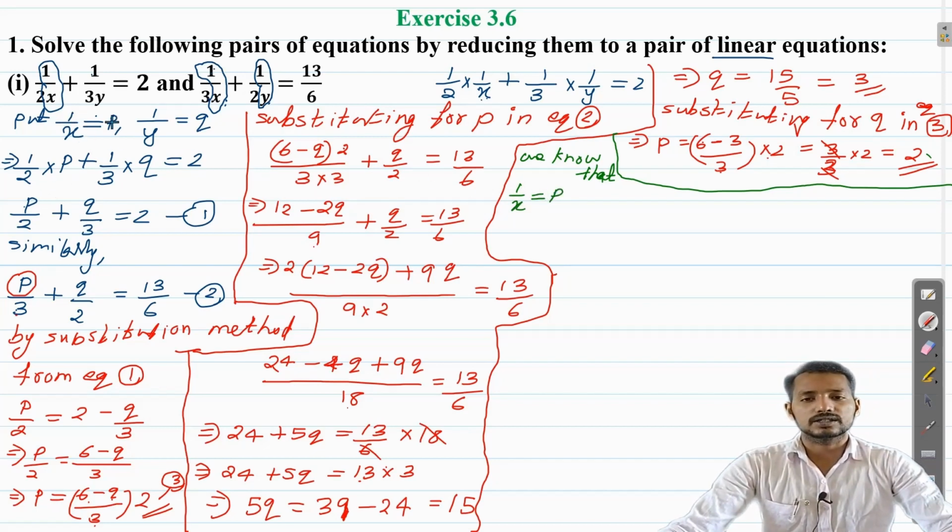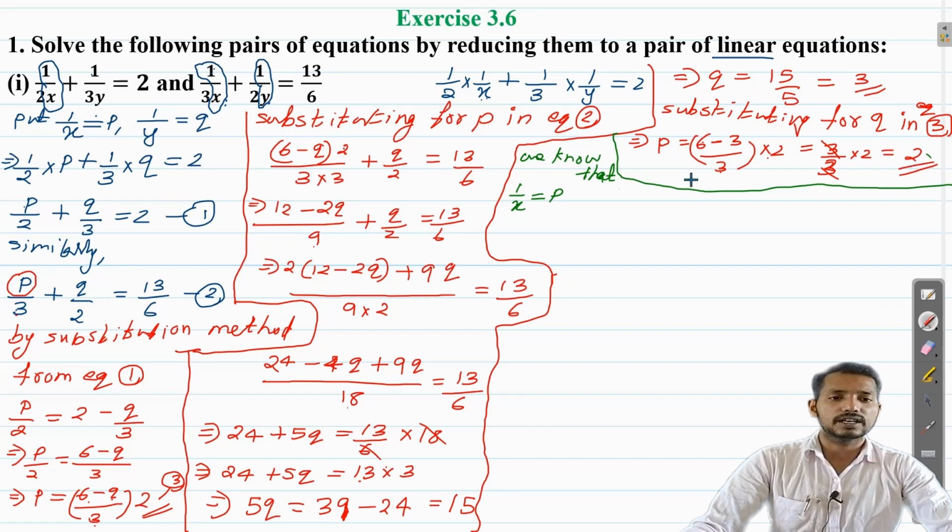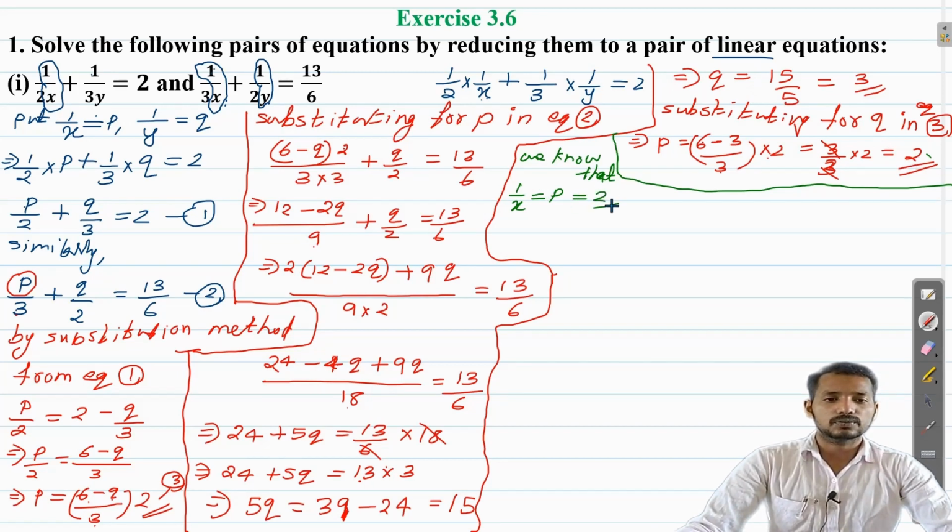Resubstituting here, what is the value of p we got here? 2. So 1 by x is equal to 2. Taking the reciprocal on both sides, we will get x is equal to 1 by 2.